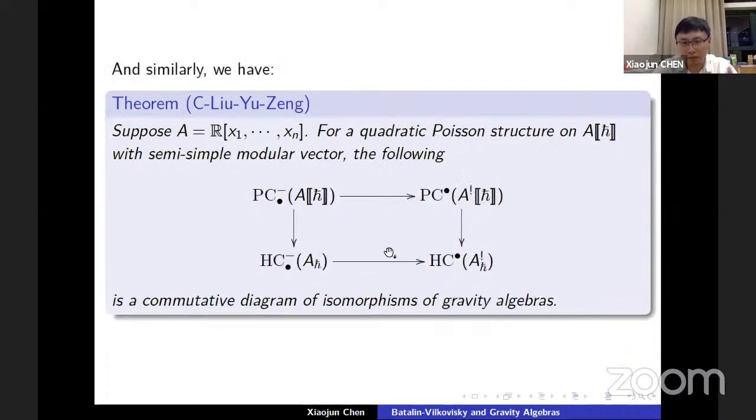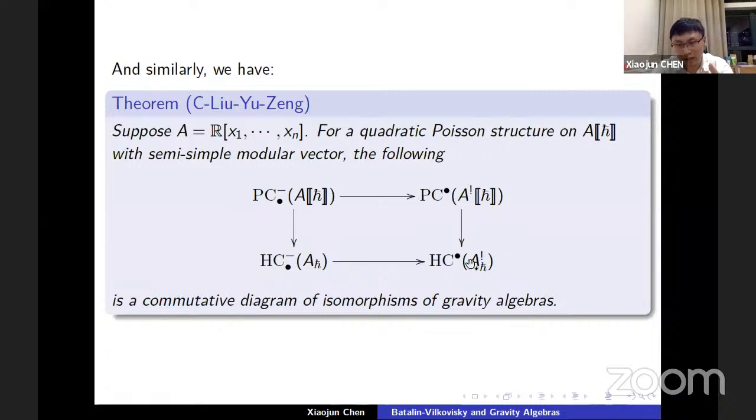And you see, if you take cyclic homology, then we have the following. You see the negative cyclic homology of A and the cyclic cohomology of A^!, here I mean in the Poisson sense. And the negative cyclic homology of its quantization, this is a cyclic homology of associative algebras.